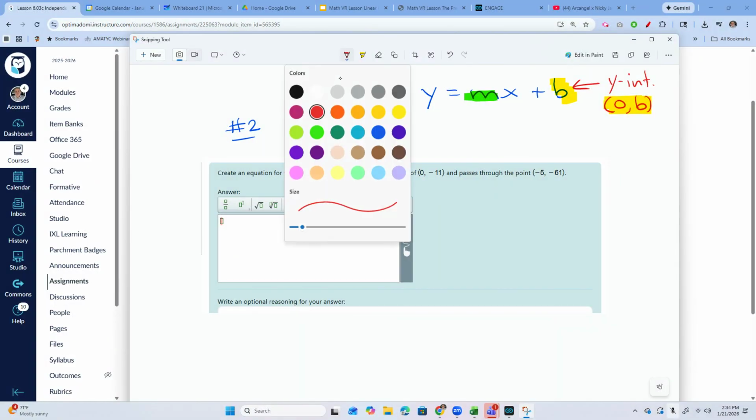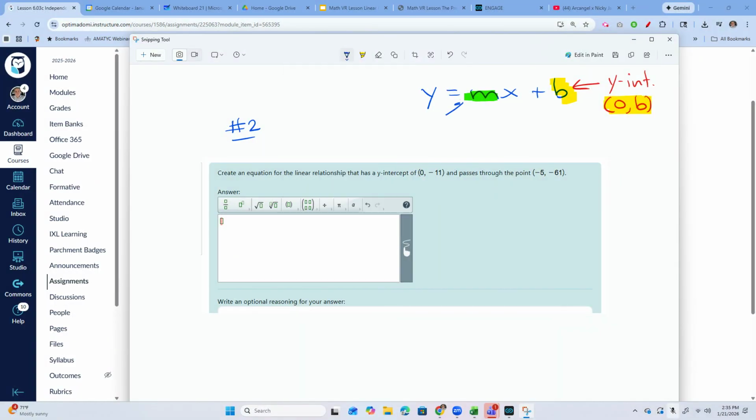Okay, and m is the slope, and the slope is rise over run. Okay, so when you find those two numbers, your answer at the end is going to look like this: y equal blank x plus blank, where the blank space in yellow is the value of b, and the blank space in green is the value of m.